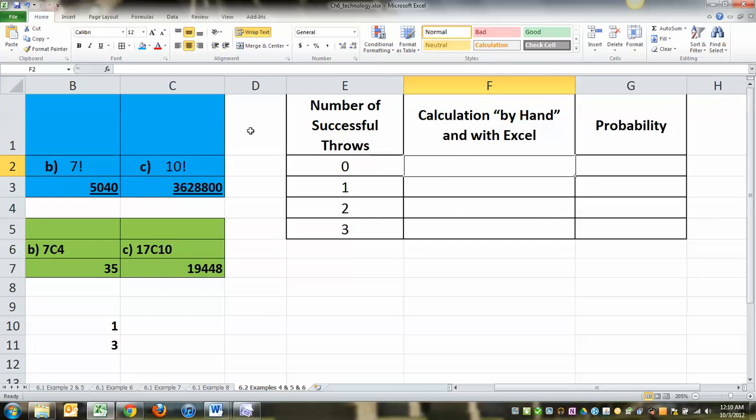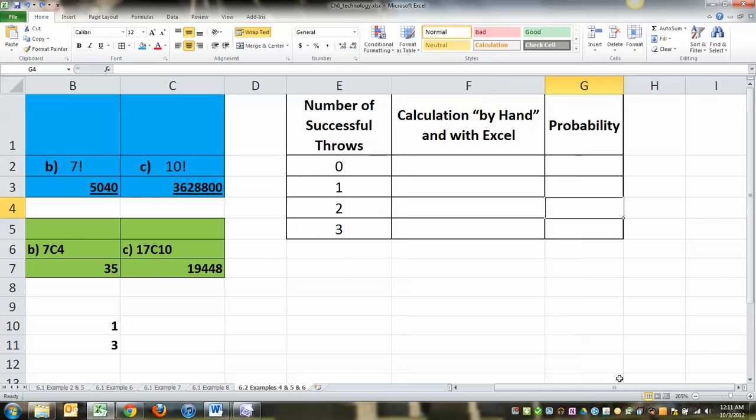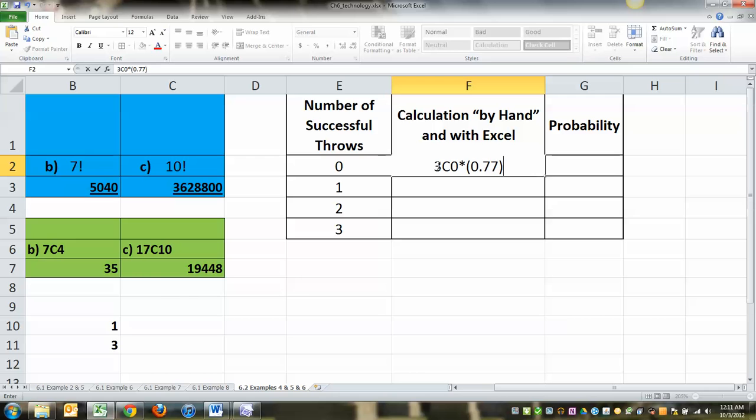Well, according to the formula, I should be able to do 3 choose 0 times the probability of success, which was 0.77 to the 0 power, times the probability of failure, 0.23 to the 3rd power.